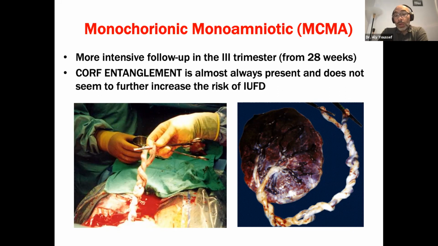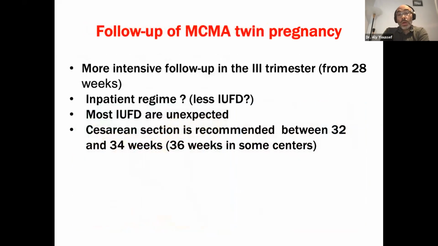Most of the complications in monoamniotic twins are sudden and unexpected. So we have to increase the follow-up, but it is questionable whether the complications can be predicted even by close follow-up in cases of monoamniotic twin pregnancy.